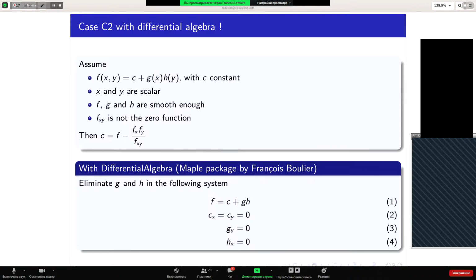You can obtain this formula by hand, but you could also obtain it using the differential algebra package by François Boulier. So you can use differential algebra to find the formulas. You have a formula for C, and that's a necessary condition, and then you can continue the algorithm.